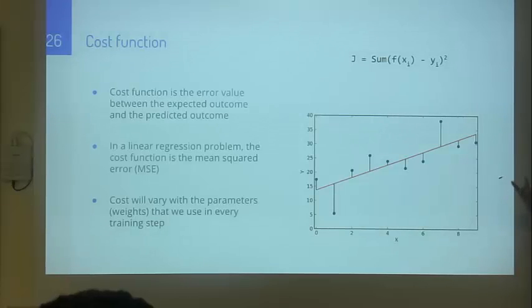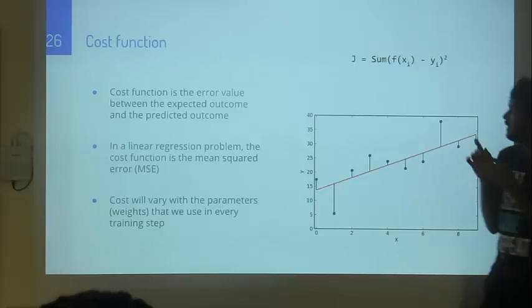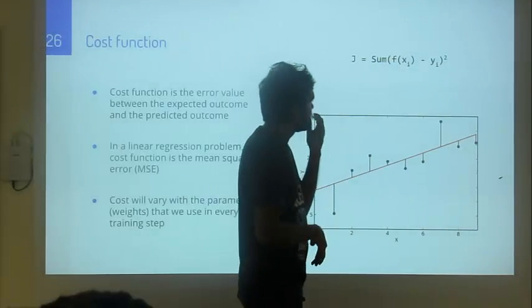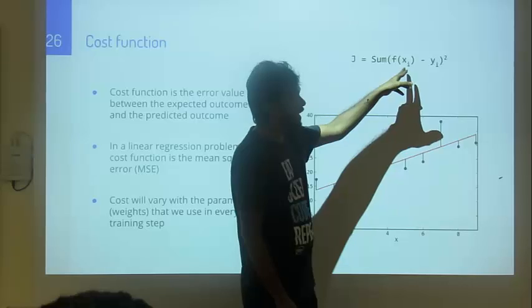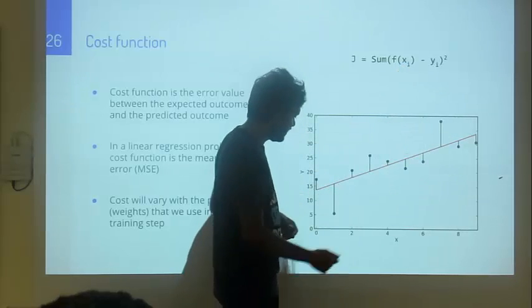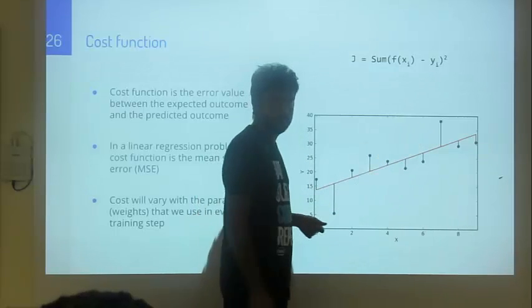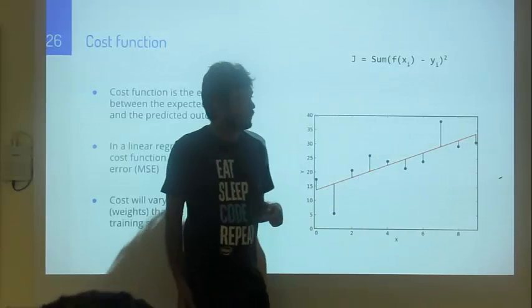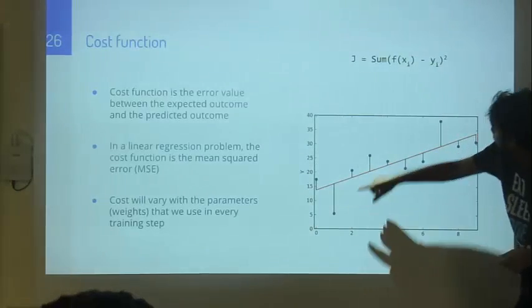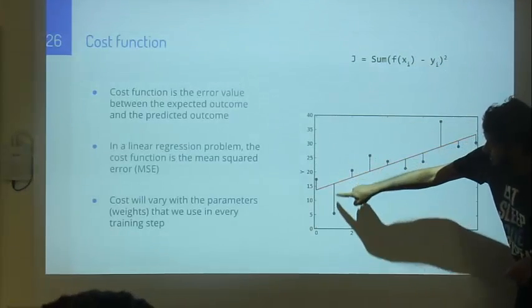Every data point together brings out the main cost of our model. You don't need to understand this function, I'll just tell you. xi is for every i, and i goes from 0 up to the last data point. For every data point, what's the difference between your line and your data point?